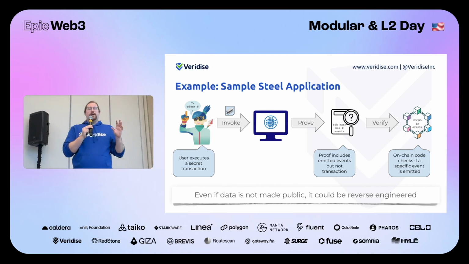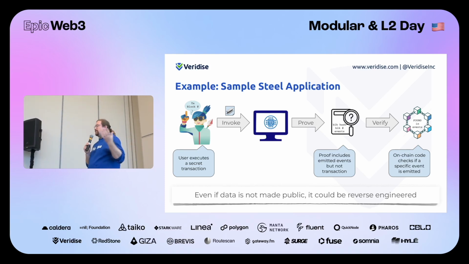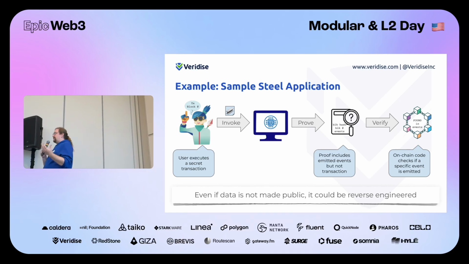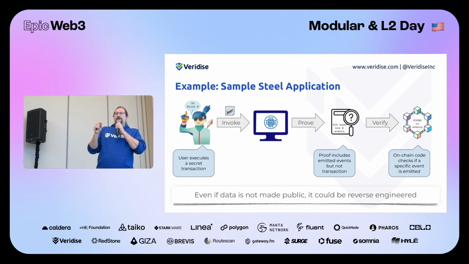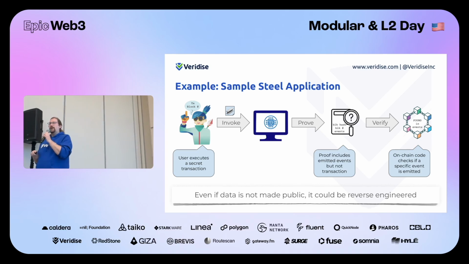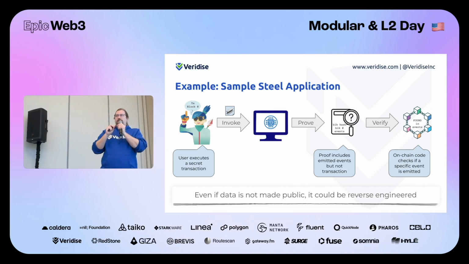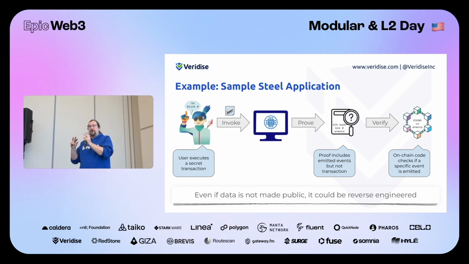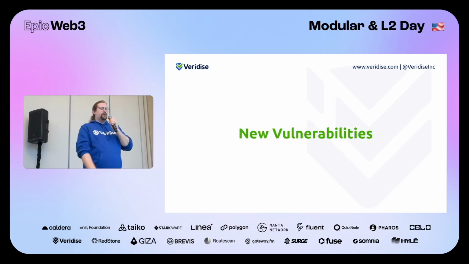So if someone is not careful about the types of transactions being executed in this zkEVM, another individual can learn the transaction by simply inspecting the event log and using the information contained within it to reverse engineer the transaction itself. So it's important to consider exactly what information is going to be included in your public data in your receipt, and how that might be linked to information that you want to keep private.